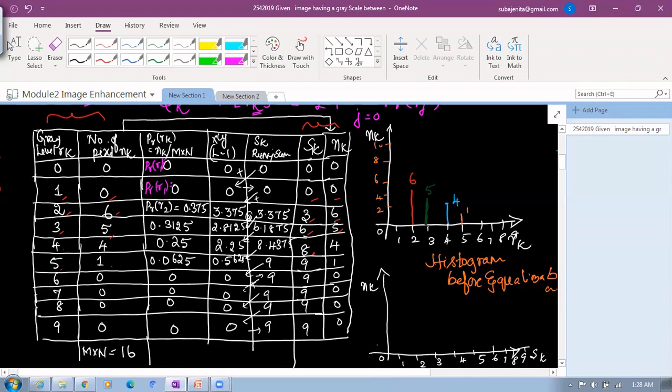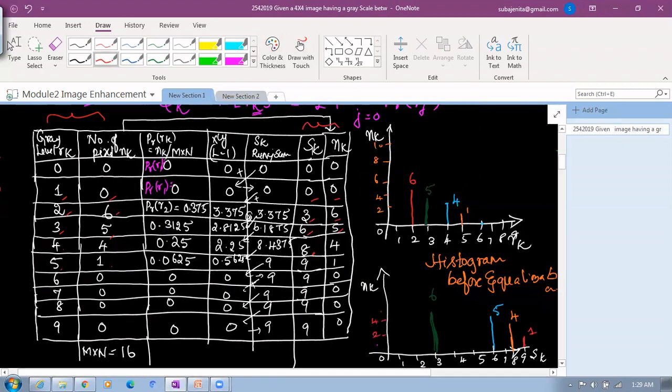So in this case intensity level 3 has occurred 6 times, and intensity level 6 has occurred 5 times, whereas in the before case intensity level 6 has occurred 0 times. Then intensity level 8 has occurred 4 times, and intensity level 9 has occurred 1 time.